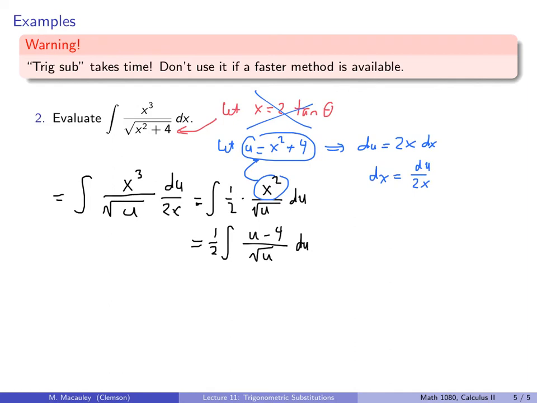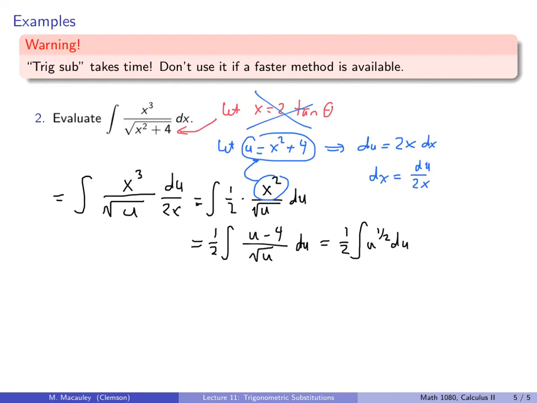And well, let's finish the integral because we're close. Now let's break this into two parts. So 1/2 times the integral of u to the first over u to the half. That's u to the 1 minus 1/2, that's u to the 1/2 du.